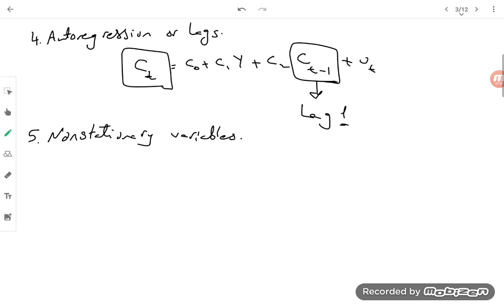When we are going to use a time series model, a time series data, the variables must be stationary. Stationary means that the mean and the variance do not change over time. But if you are going to use non-stationary variables, the error terms will be autocorrelated with each other.